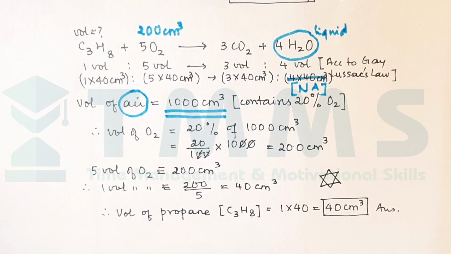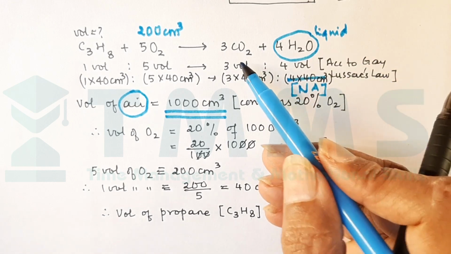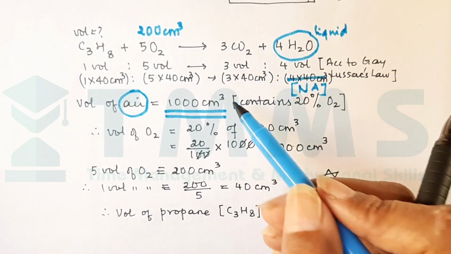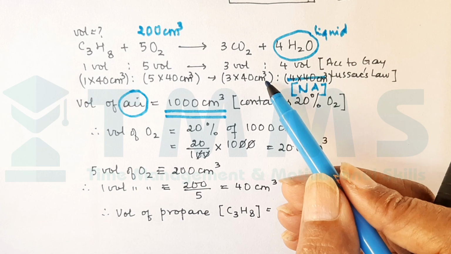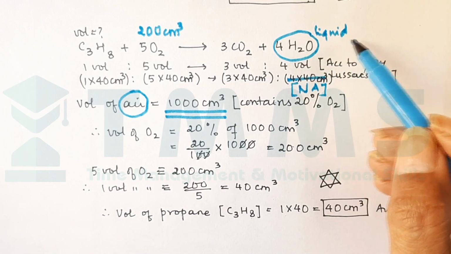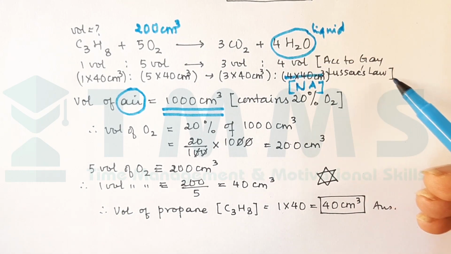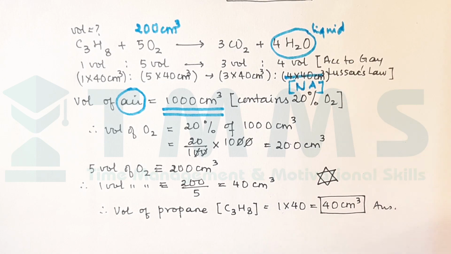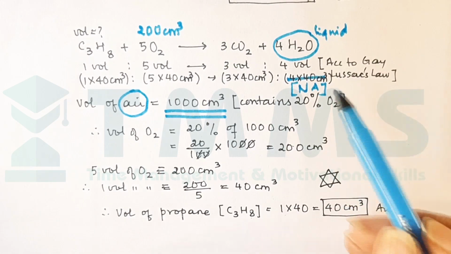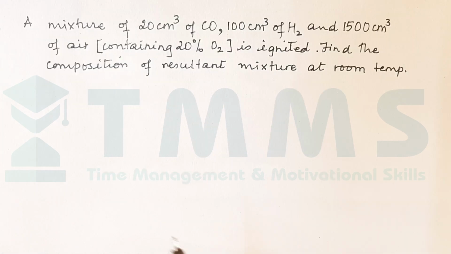Can you? You cannot. And that is why we will have only 3 into 40, that is 120 centimeter cube of carbon dioxide in our resultant mixture. Because to a substance in liquid state, we cannot apply Gay-Lussac's law. Gay-Lussac's law is only for the gaseous products. Got that? Let's move to one more question.